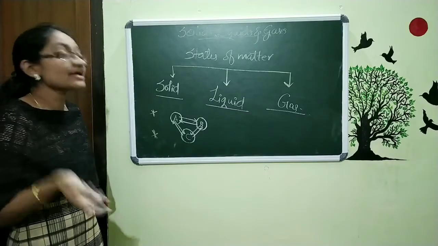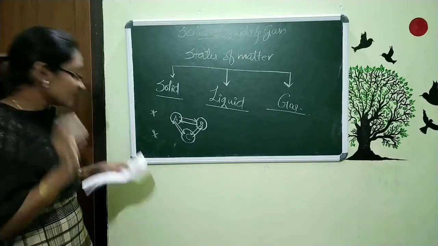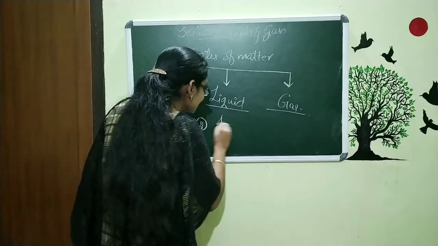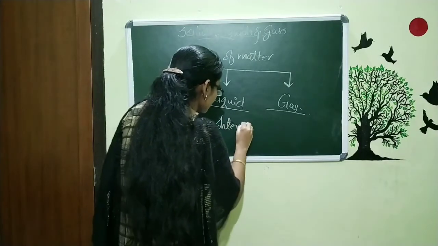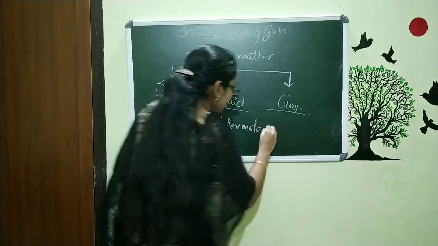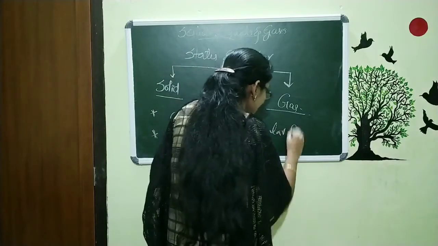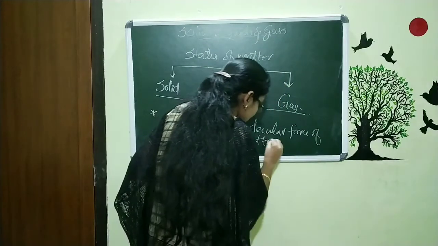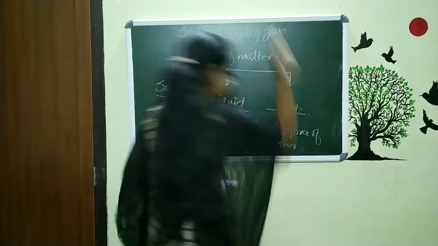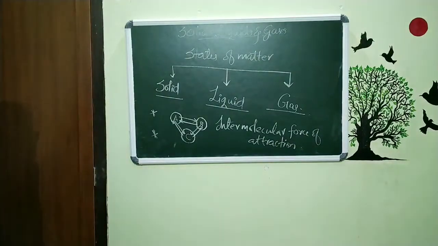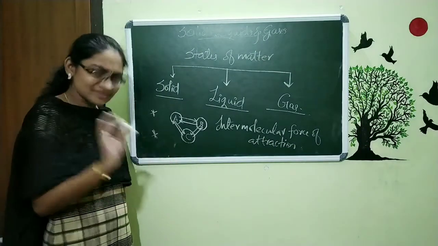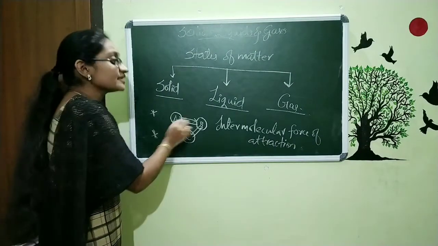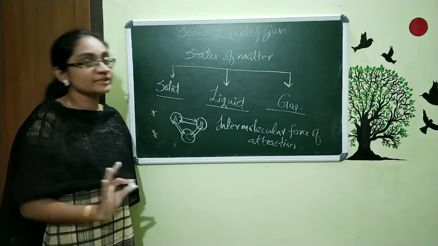All the molecules are attracting each other, and we call that intermolecular force of attraction. That means this is nothing but the attraction within the molecules. That is the only meaning of this.